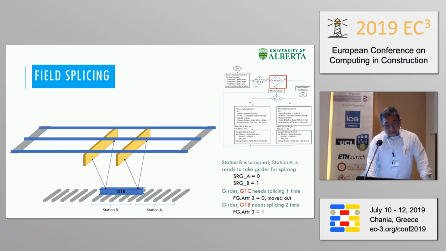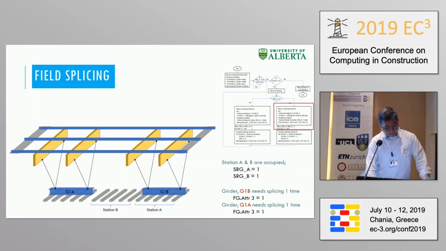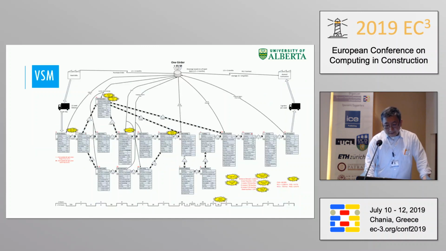For this girder in the middle, G1B, it takes splicing and drilling holes on the two ends. Once that is done, the adjacent girder, G1A, will be moved in. This sequence is dictated by the technology and by the resources available. It's also very difficult to change because of the size and weight of the products.